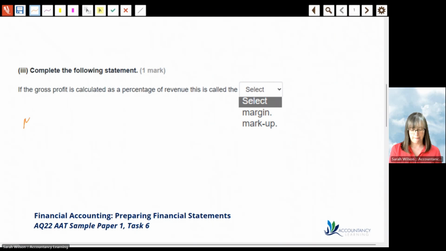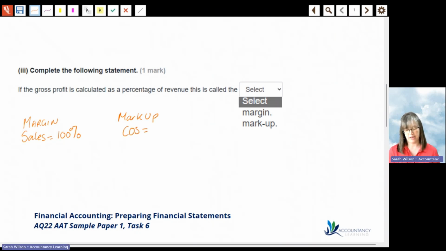Margin is when we make sales 100%. Markup is when cost of sales is 100%.